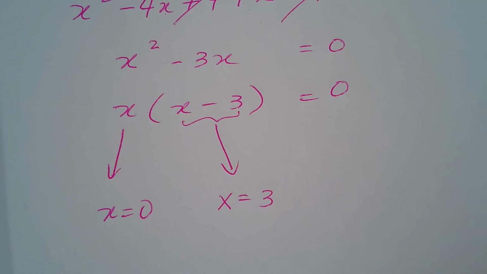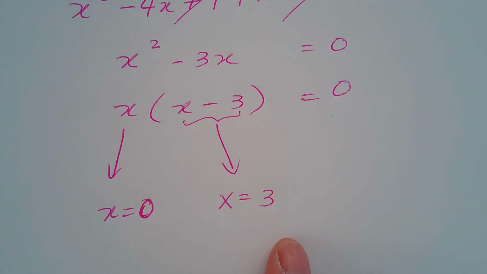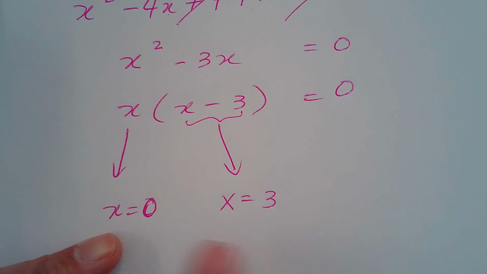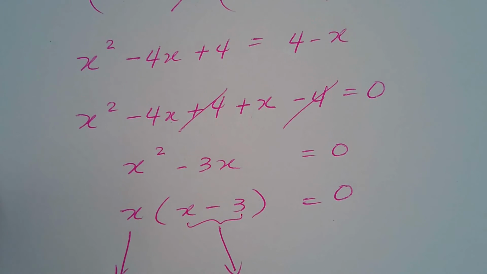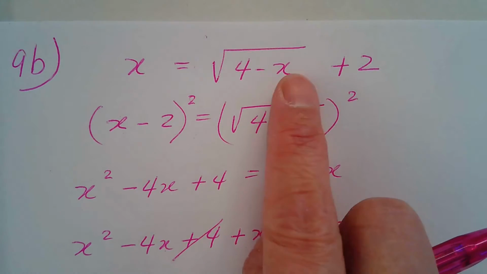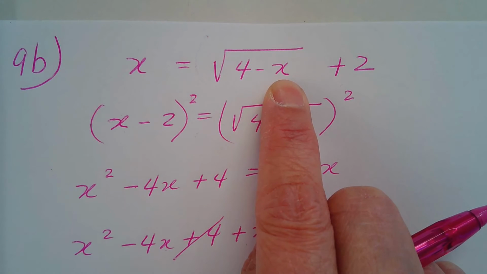3. Okay. Now, the thing about this one here, it's nice, but we should have verified our answer. So if we put in 0 here, if we verify 0, 4 minus 0 is 4.